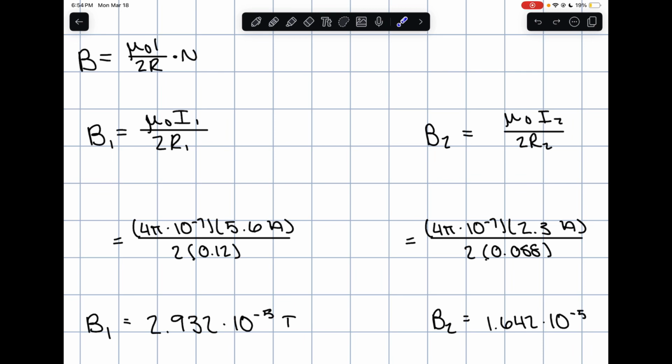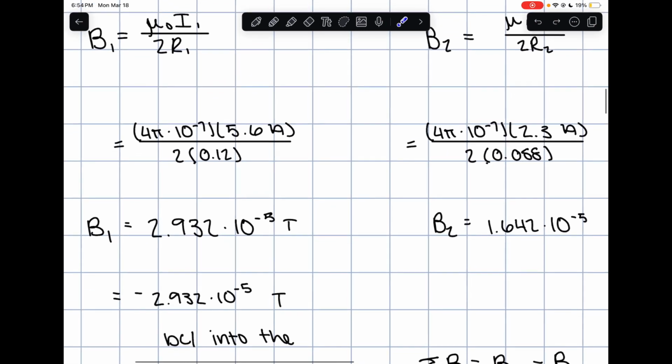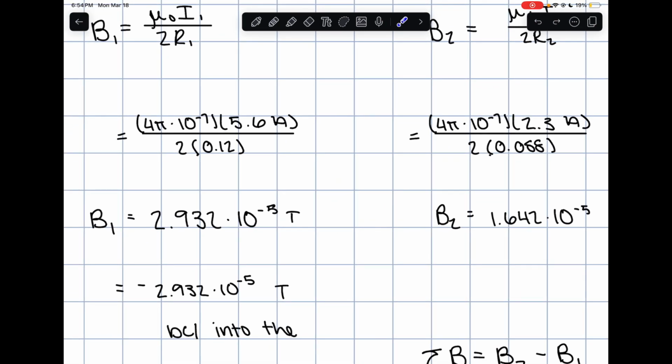But as you might have already caught on, how are these both positive if the currents are moving in different directions? Well, they shouldn't both be positive. So from there, we're going off of our coordinate axes and what we call positive. So we're going to say B1 is negative 2.932 times 10 to the negative 5th teslas because it is going into the page.